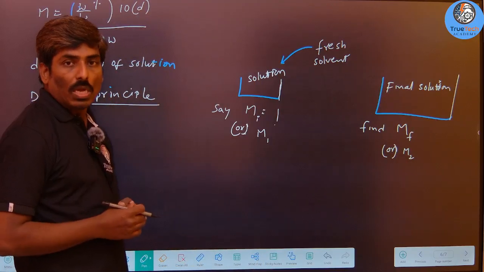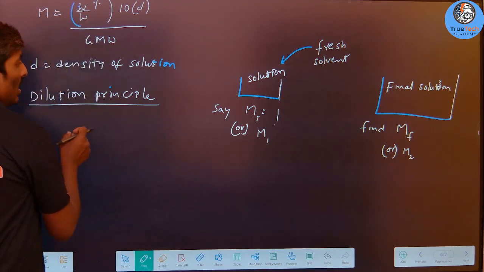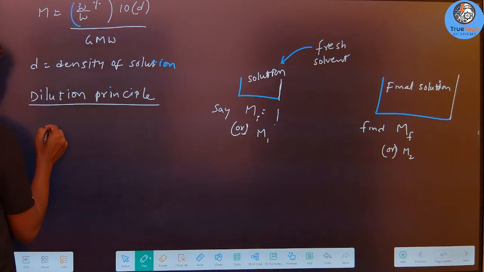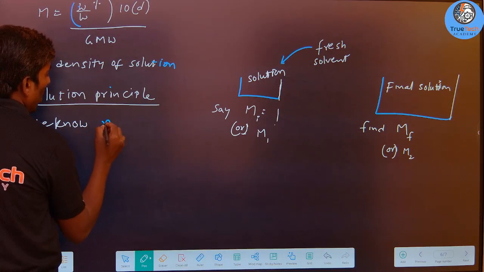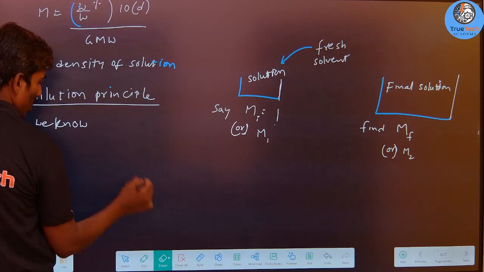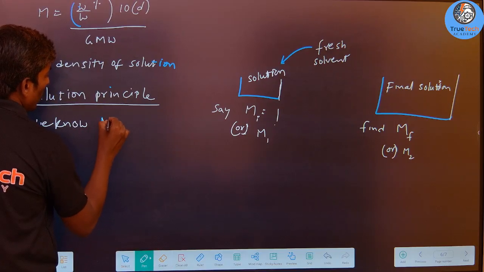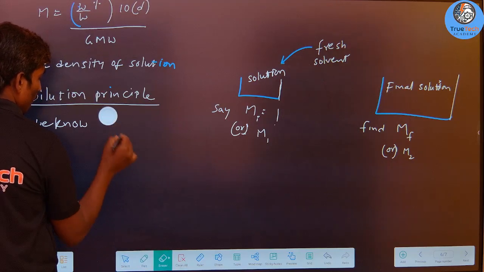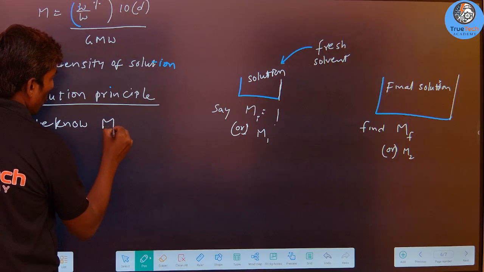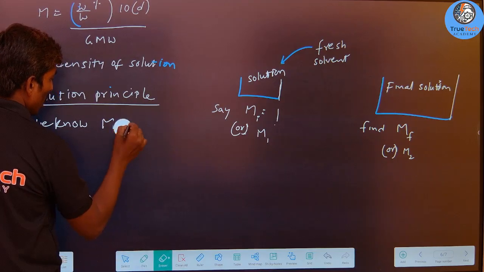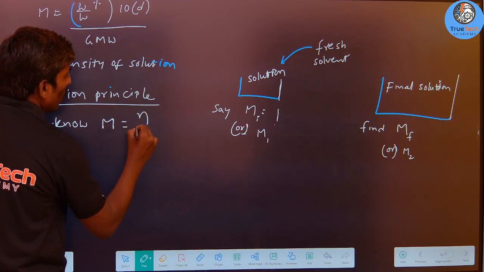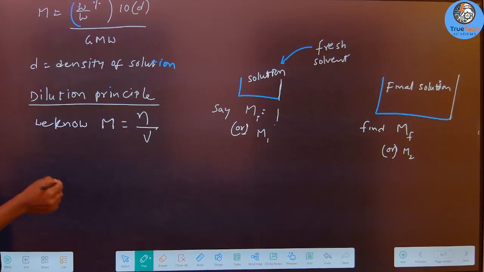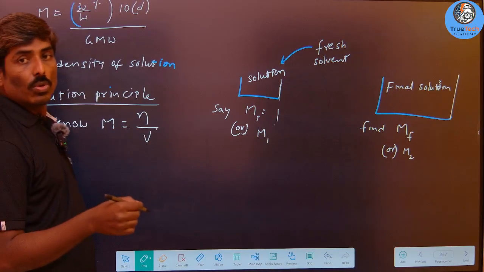Now the formula to calculate the final molarity: we know molarity equals N by V, which we just learned.